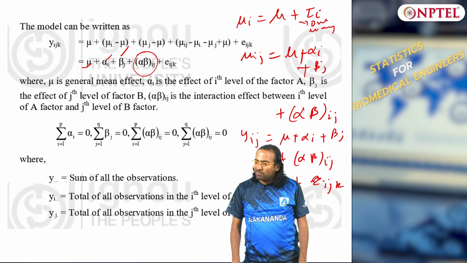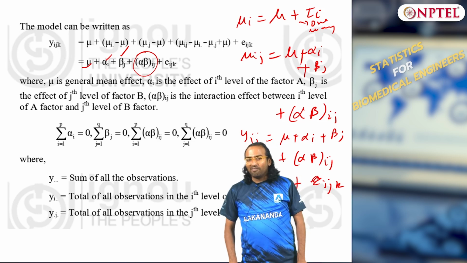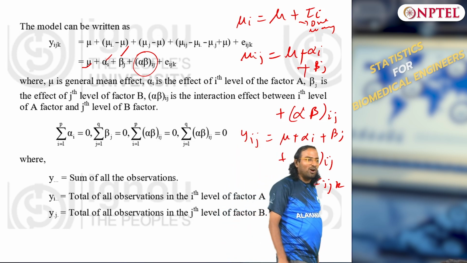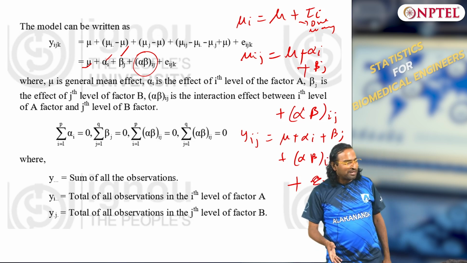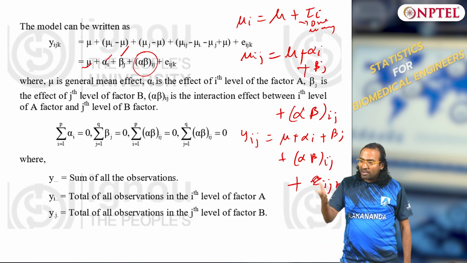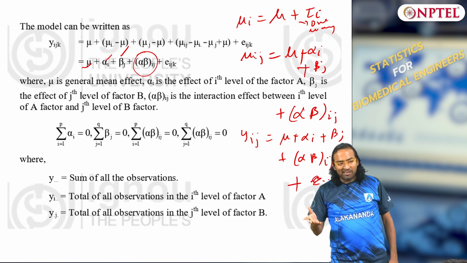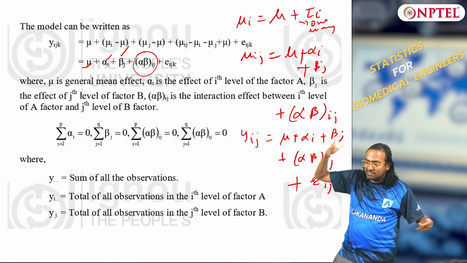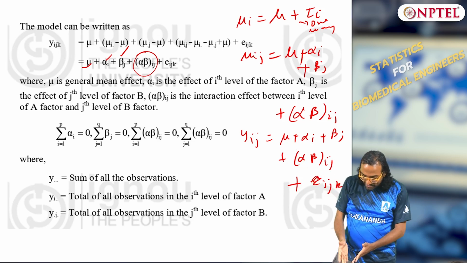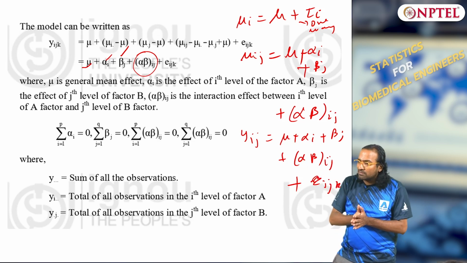So look at the complications involved when you do real experiments and want to tease out interactions. This is a simple model to explain. The more important thing is how I design the experiments, but you can have alpha beta square, I can do all of those combinations. Nobody is saying only alpha times beta should be there.